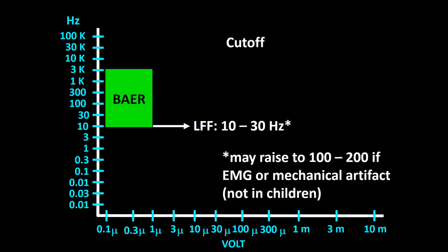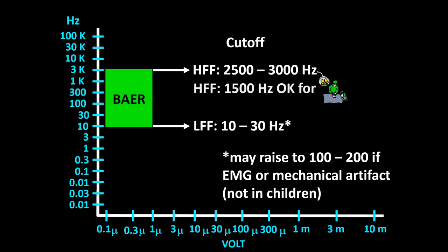In children in general, it is recommended to be close to 10 Hz and not to go more than 30 Hz at any time. High frequency filter should be used at 2500 to 3000 Hz. High frequency filter in the OR may require being brought down some.